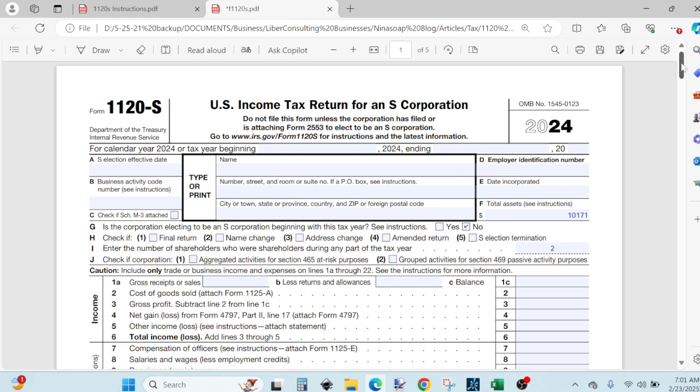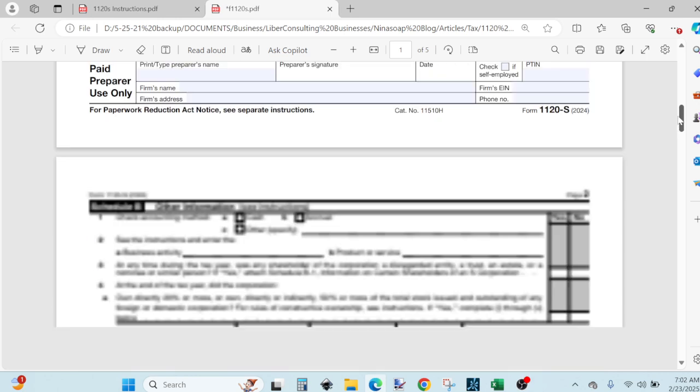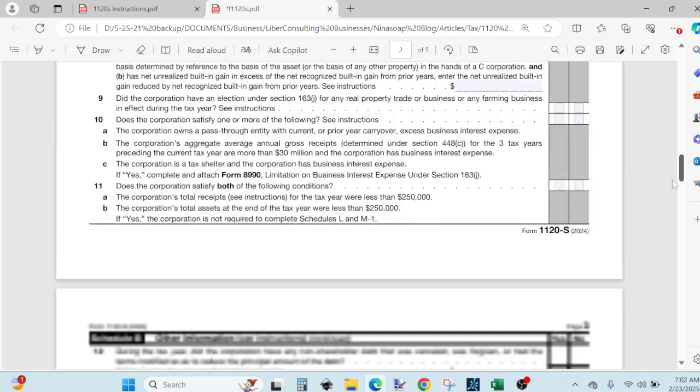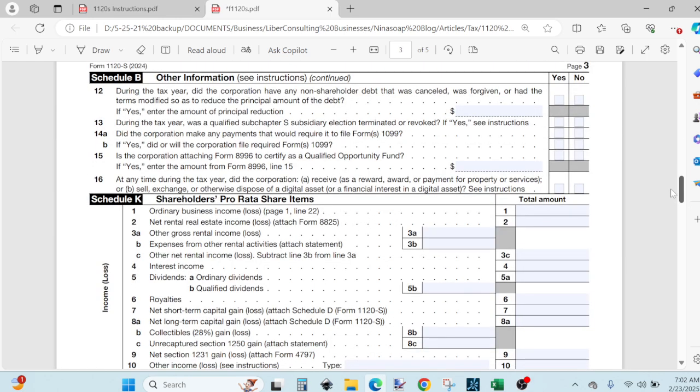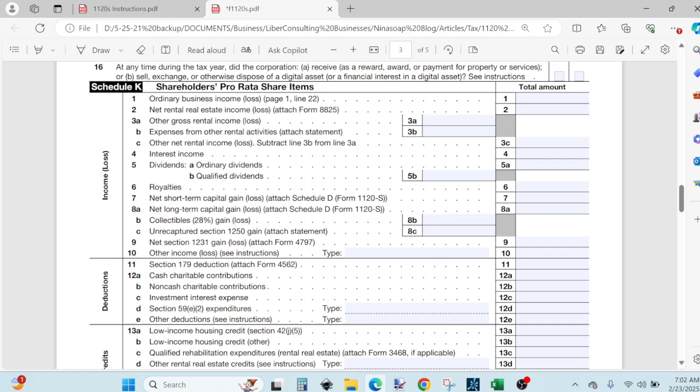Passive income will go on Schedule K. On Schedule K, dividends and royalties will go, and rental income or loss will go on Form 8825, and then the profit or loss from there will come on Schedule K.